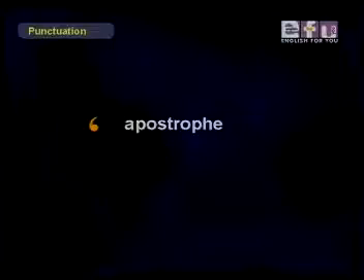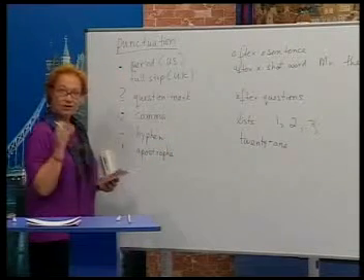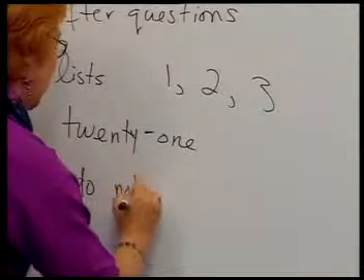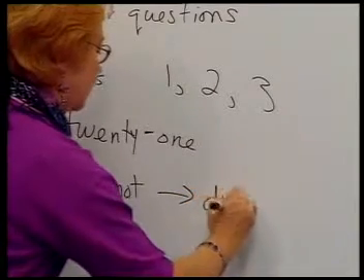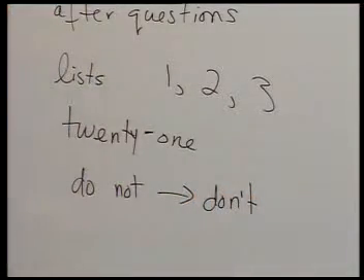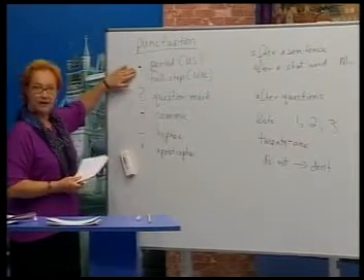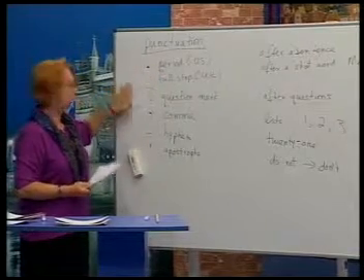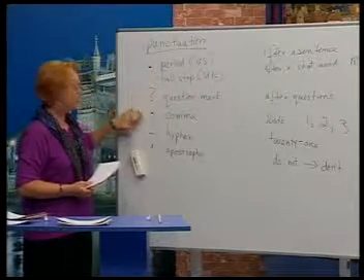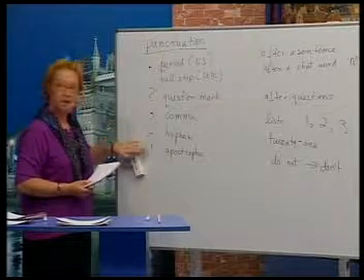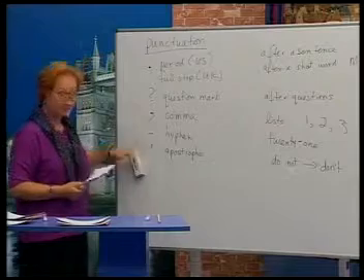And then finally, we have an apostrophe. This also is used inside words. For example, we saw do not, don't. Okay? Now again, this is the period or full stop, question mark, comma, hyphen, and apostrophe. All right?